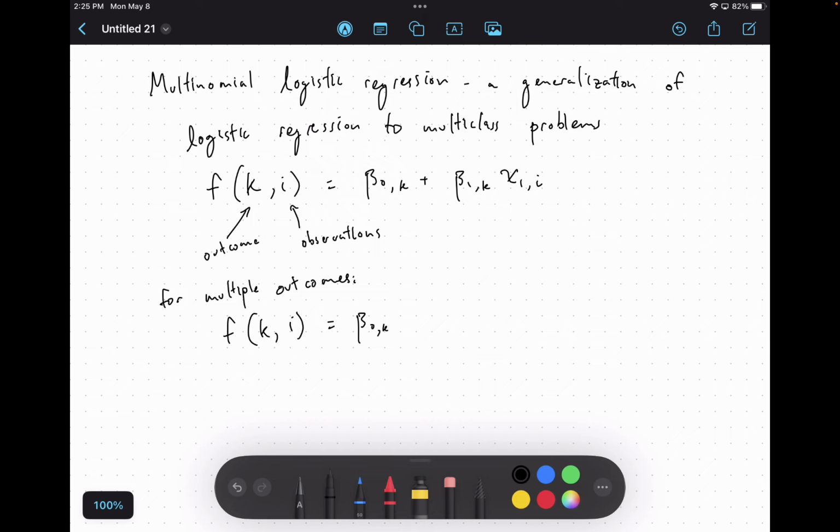Let me actually do it in a vectorized notation. So now k can be greater than 2. And you have a different set of betas for each outcome. Okay?